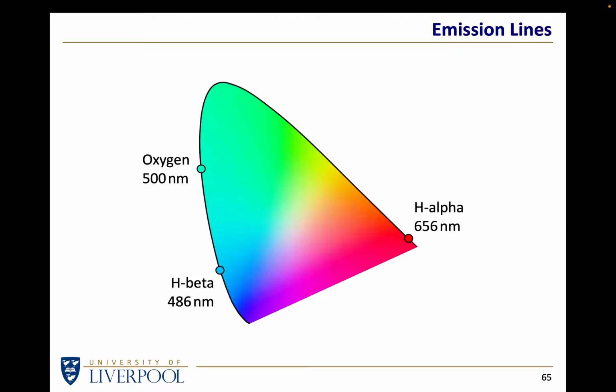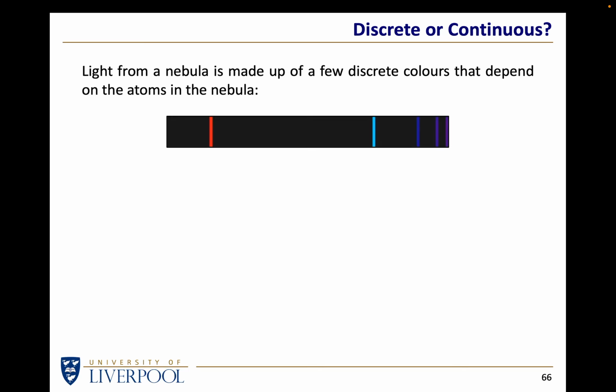So if we've got a nebula such as the Rosette Nebula, which contains hydrogen and oxygen, or the Veil Nebula, which contains a lot of hydrogen and oxygen, we will find those three colors show up, and essentially nothing else. No other colors in here, if we're talking about a nebula, not a star. If it's only made up of hydrogen and oxygen, we will see essentially just those three colors.